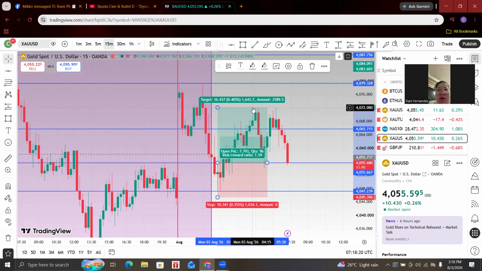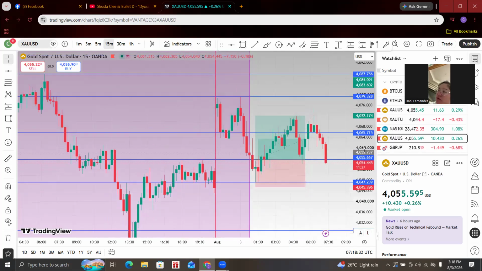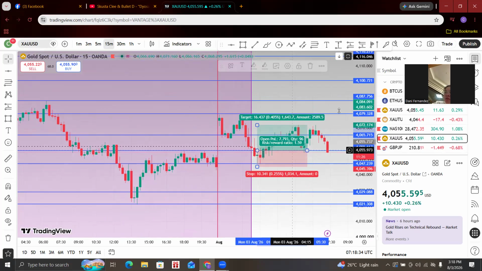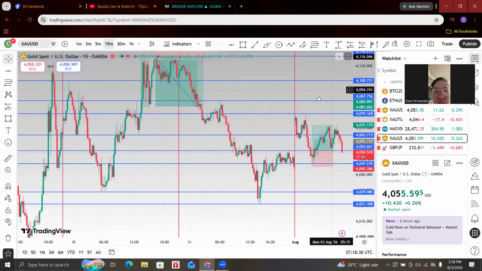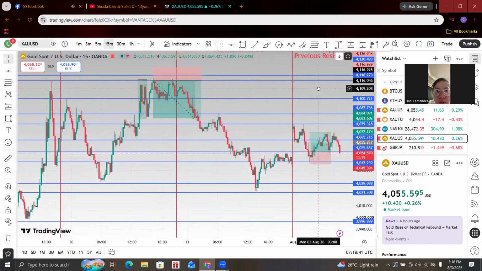Follow? Yes po. Yan. So, ganyan siya. So, that's why I said previous resistance becomes new support, di ba? And previous support becomes new resistance. Follow ba? Yes po. Yan.